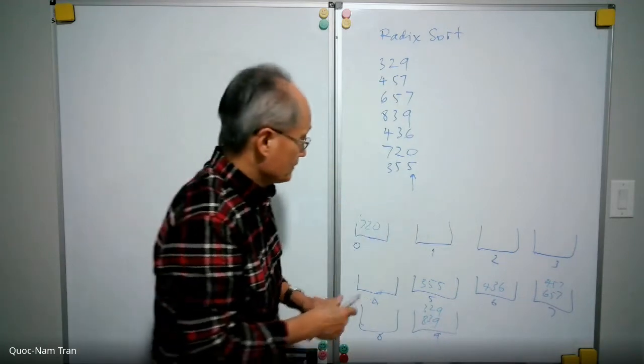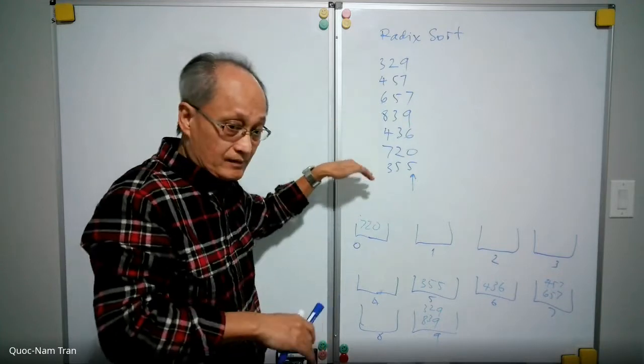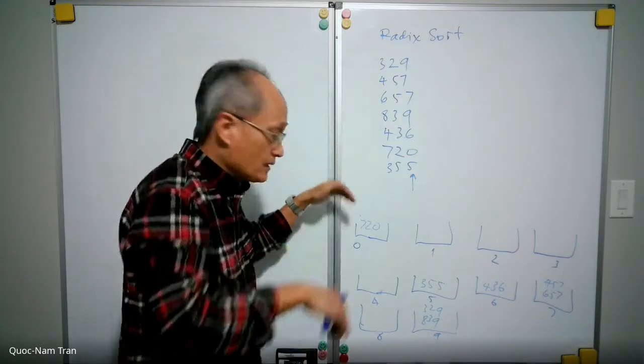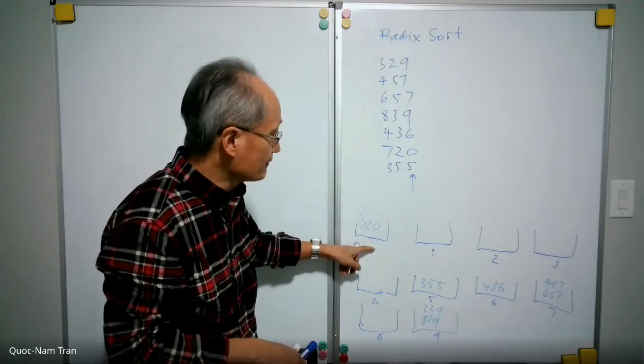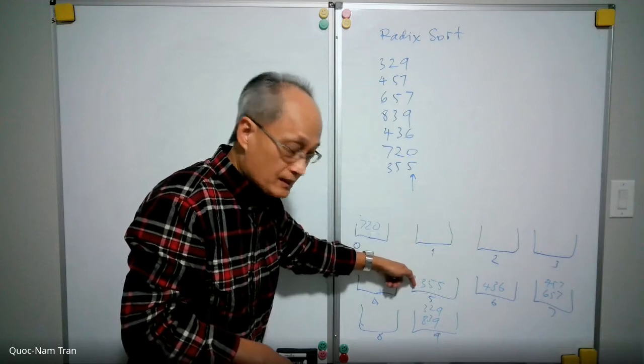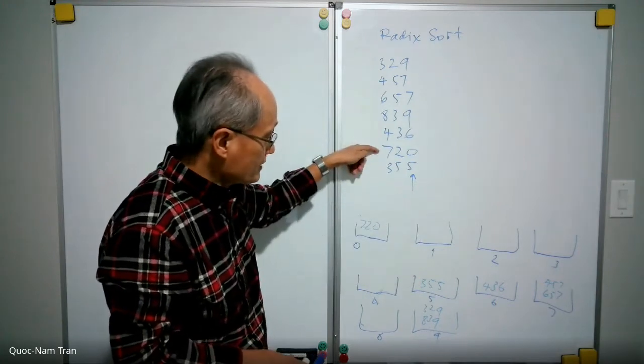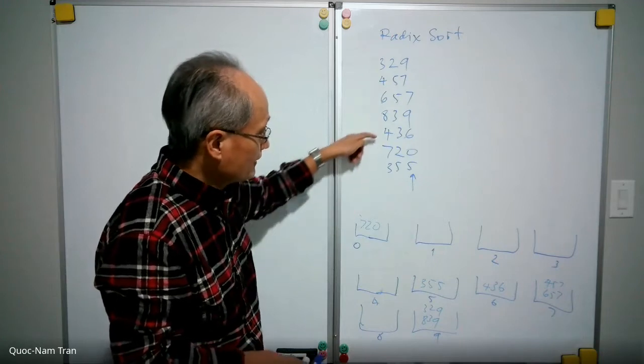Okay, so first we scan the list and push each number on top of the buckets, right? So starting from 355, push it into the bucket for 5, right? 720, push it. Okay.